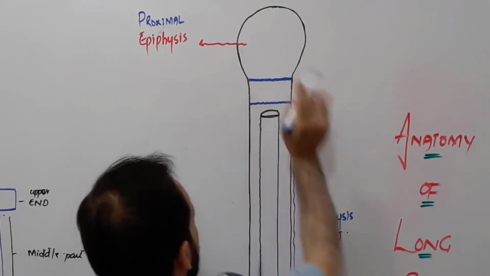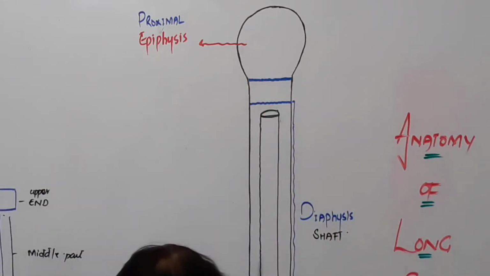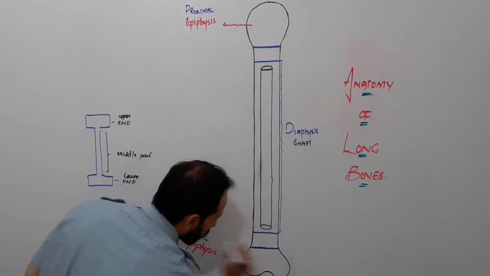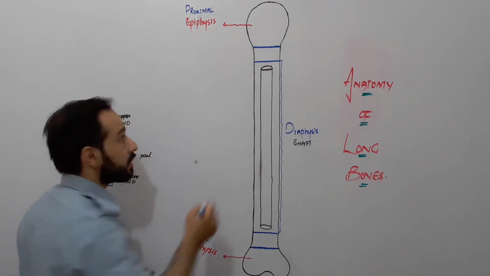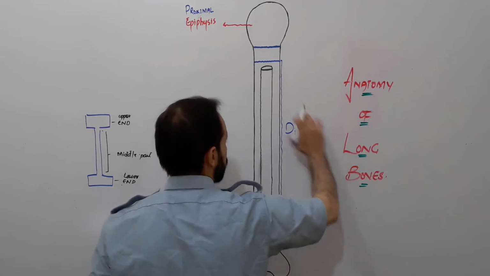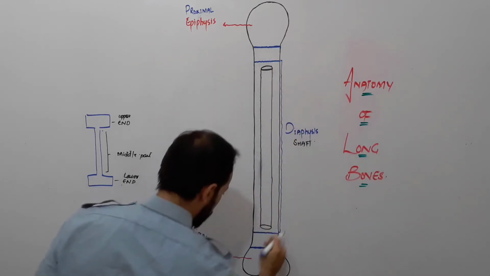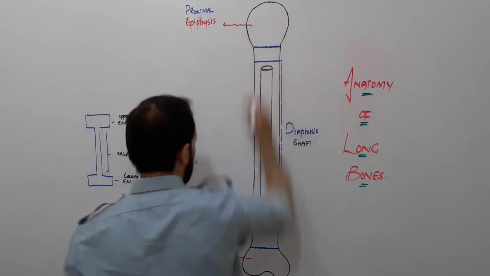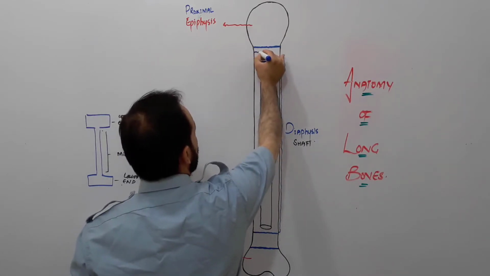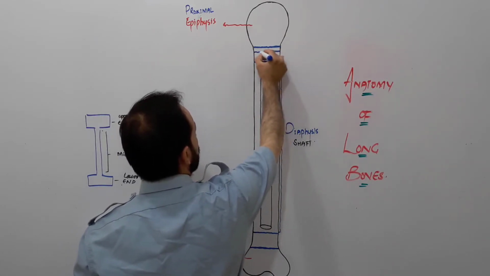Look carefully, my friends. What I'm telling you is the definition of this part: the part of the diaphysis which is near to the epiphysis on both sides, either proximally or distally, is called the metaphysis, right?